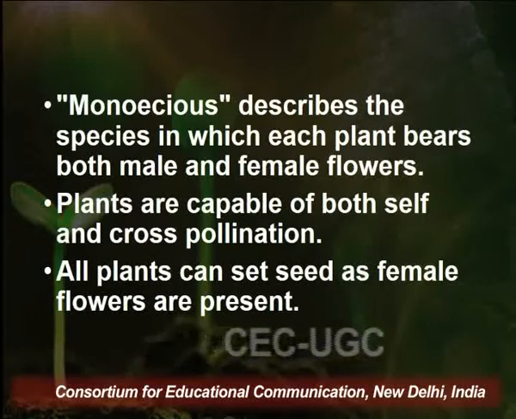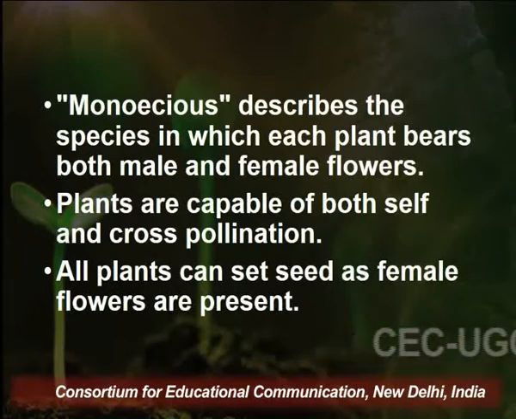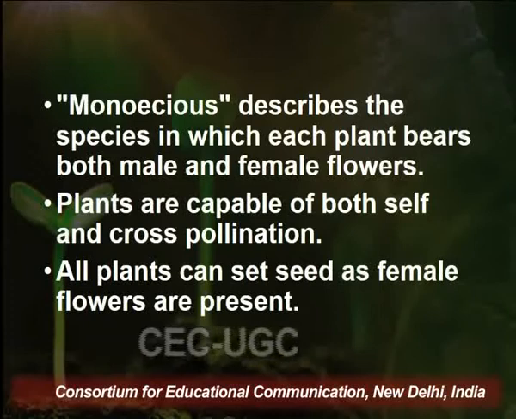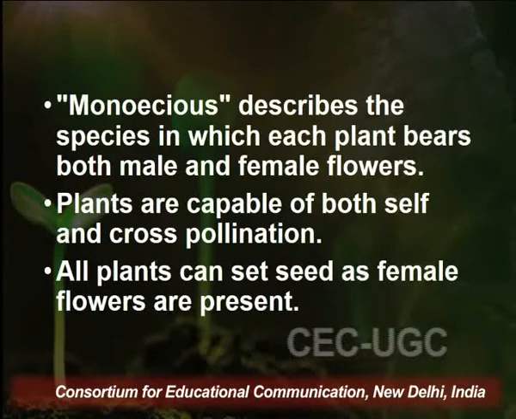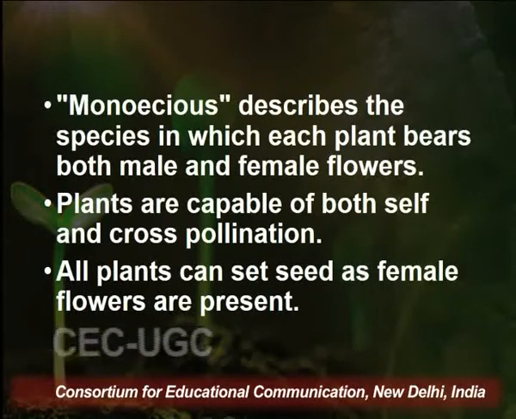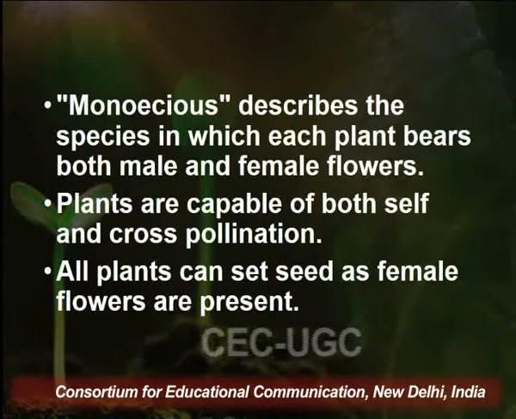Now, the plants that are monoecious are capable of both self-pollination and cross-pollination, and that means we would find that since the female flowers are present, you could have contrivances for self-pollination as well as for cross-pollination.